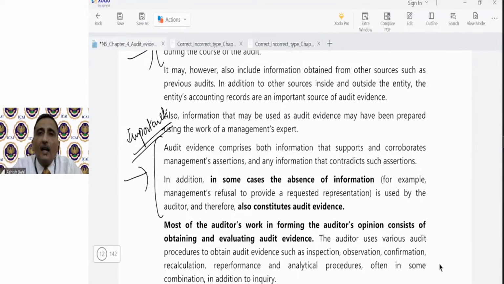Say you as an auditor have written a mail to the CFO of the company to give you some information, but the CFO of the company doesn't reply to your mail, or he expresses his inability to provide you that information. Then that response or the fact of non-responding to your mail also constitutes audit evidence.